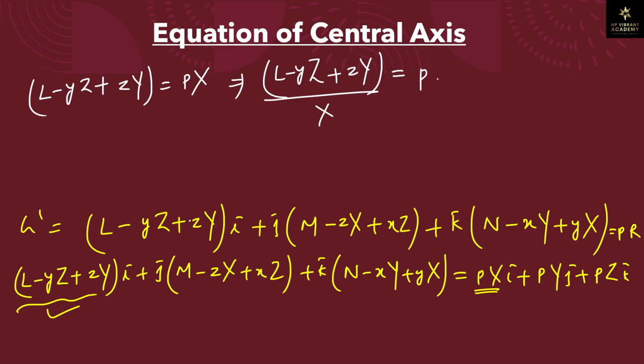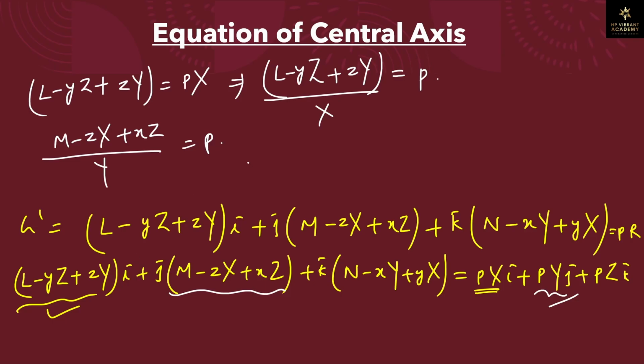Similarly, the coefficient of j is equal to p times capital Y. So we have M minus z capital X plus x capital Z upon capital Y is equal to p. Similarly, N minus x capital Y plus y capital X is equal to p times capital Z, so upon capital Z is equal to p.